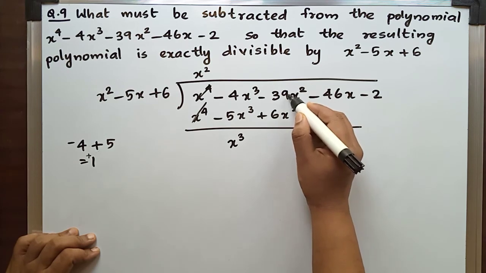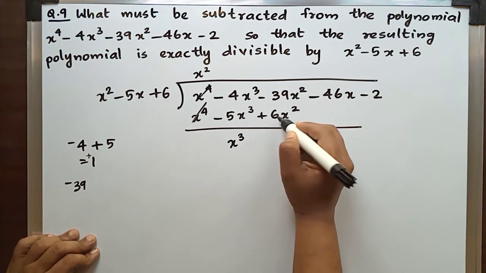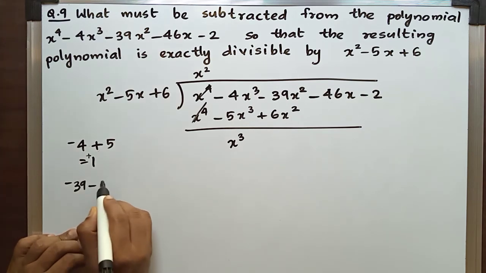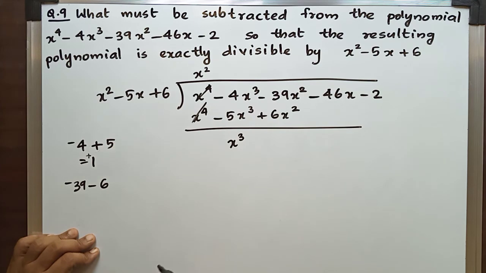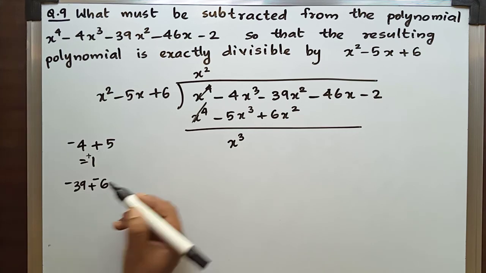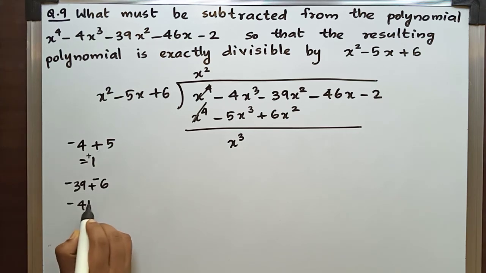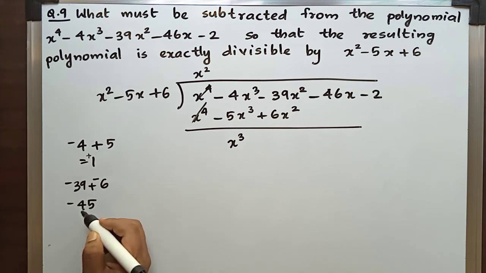Now minus 39 is there with x square, and here we have plus 6. Minus 39 minus 6 can be taken as minus 39 plus minus 6, that is minus 45. We are adding two negative numbers, means the answer is also negative, and we are just adding the given numbers. 39 plus 6 is 45.